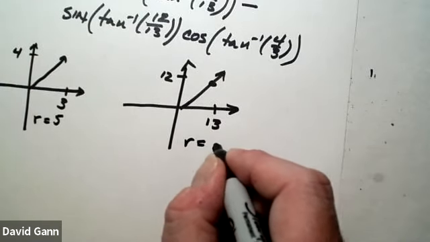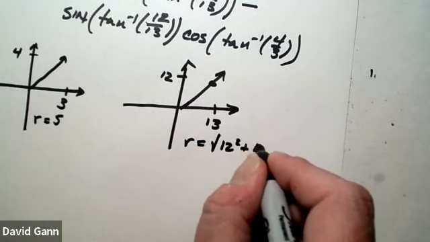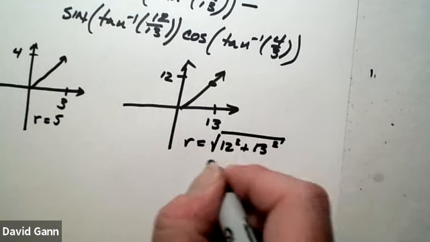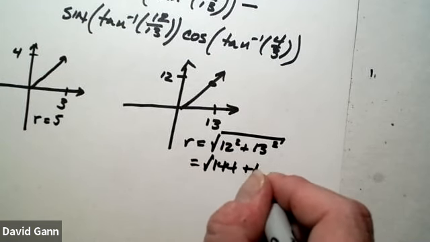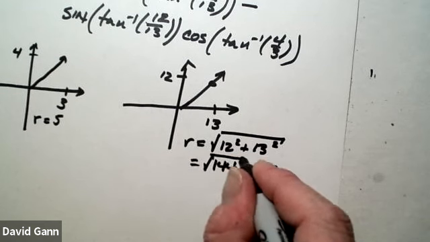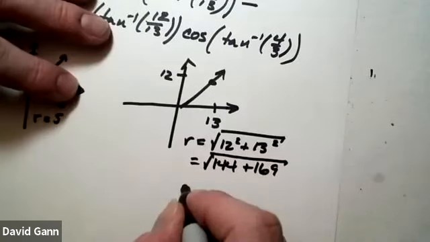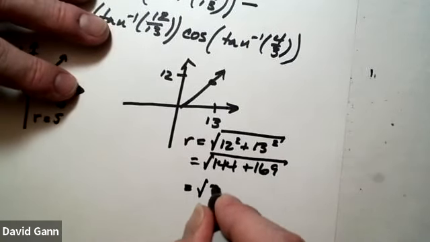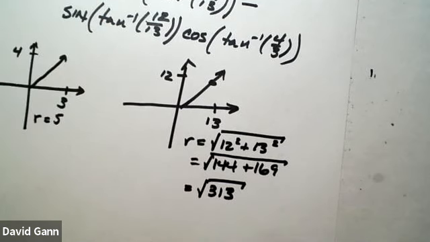So r is going to be equal to the square root of 12 squared plus 13 squared, which is the square root of 144 plus 169. And I think that comes out to 305. No, 303. 313? Yeah, okay. Not anything awesome, but that's definitely the r value.